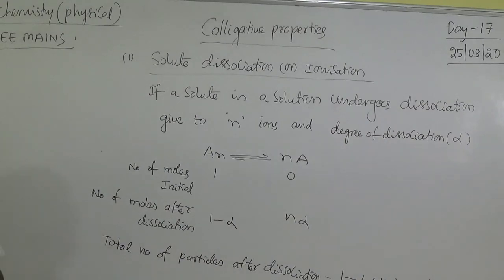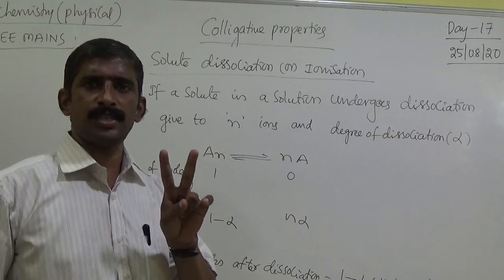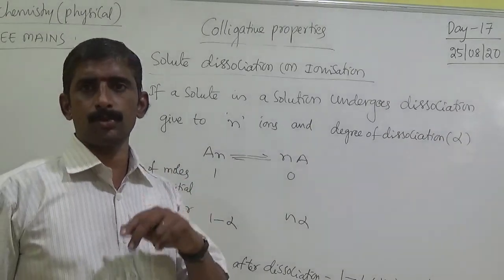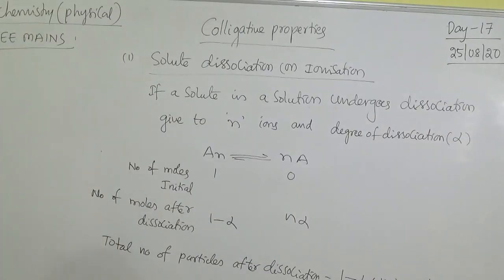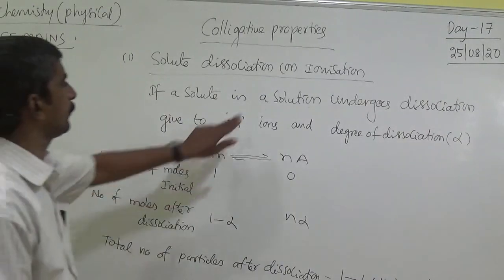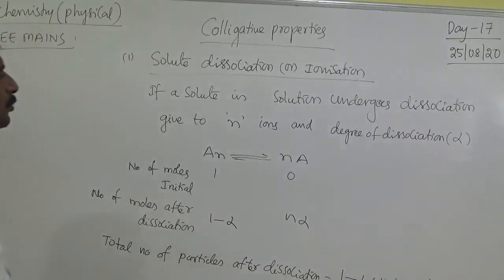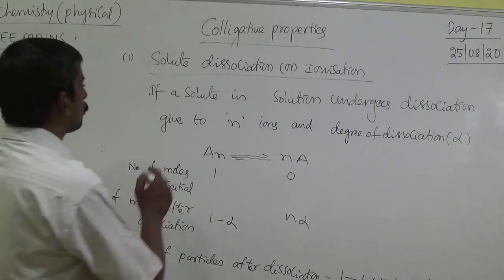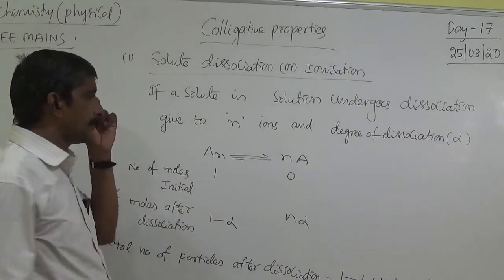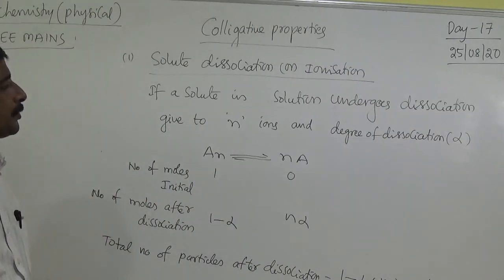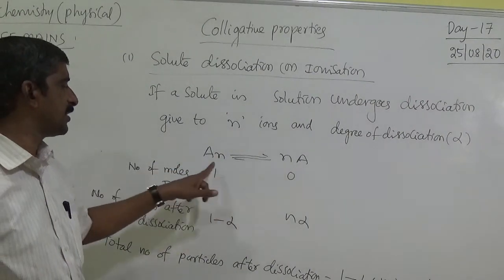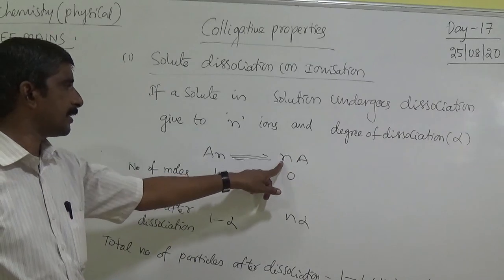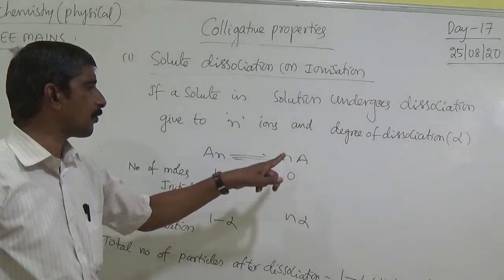Okay. A solute undergoes two processes, dissociation or association. Dissociation is breaking. If a solute in solution undergoes dissociation due to n ions and degree of dissociation alpha, A_n equals n A. Here n ions are formed.